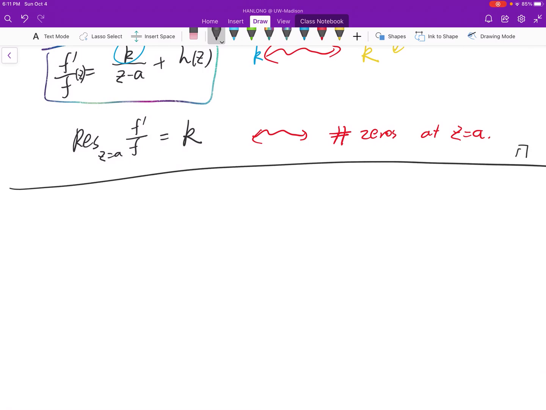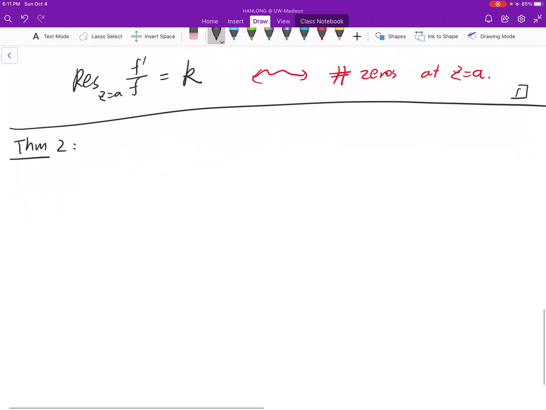Okay, so this is a proof, and we can generalize it to meromorphic functions, but then we have a different interpretation of the residue.